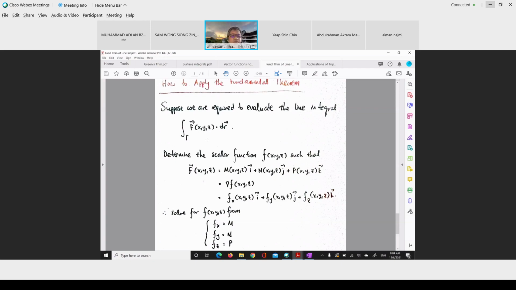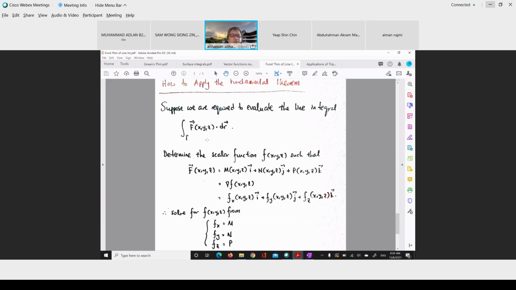Where did I discuss that? It's divergence and curl, isn't it? Divergence and curl. You see this? This is what we have discussed before: the conservative field test.